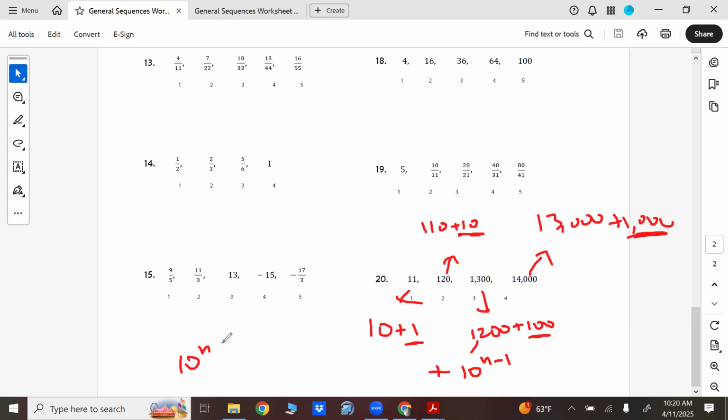No, it's just 10 to the n minus 1 for the first, times n. That's crazy, right? Every term apart from the first step.